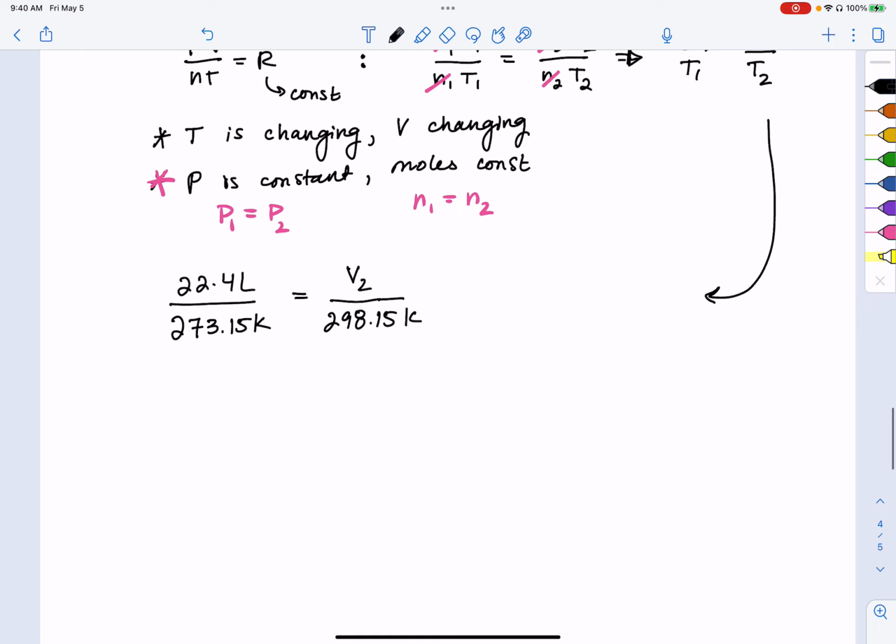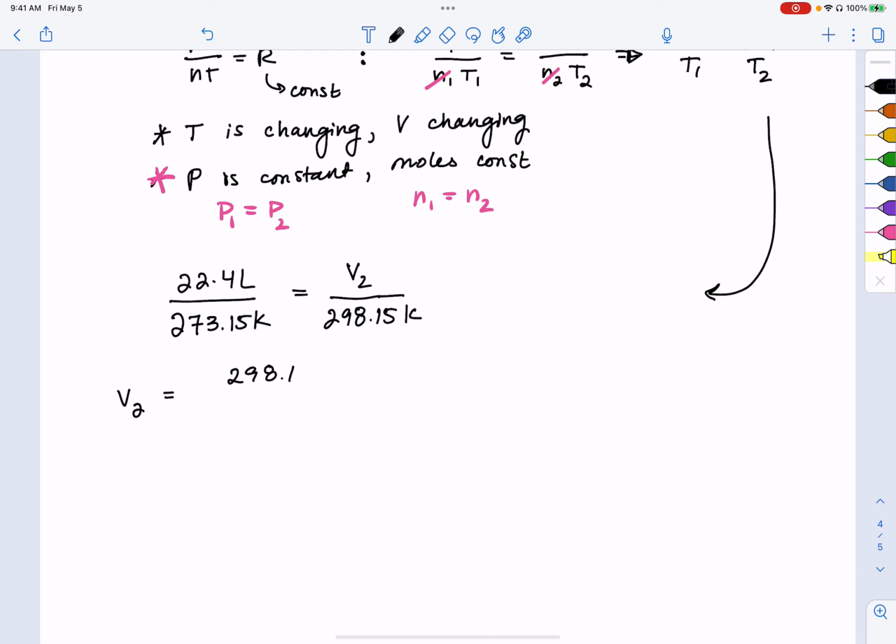So if I want to solve for just V2, that's going to be 298.15 Kelvin times 22.4 liters over 273.15 Kelvin. This will leave us with Kelvin canceling, thus giving us our unit of liters, which we want.